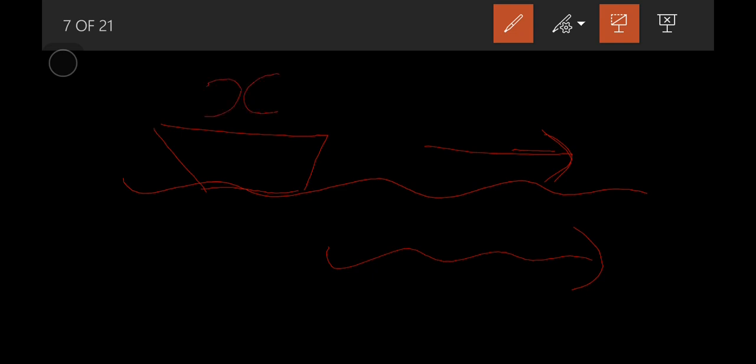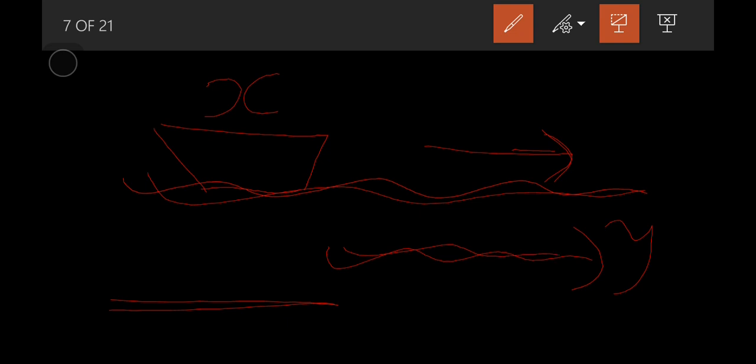The speed of the boat in still water is x, when water is still, means it is not flowing, and the speed of the water stream is y.